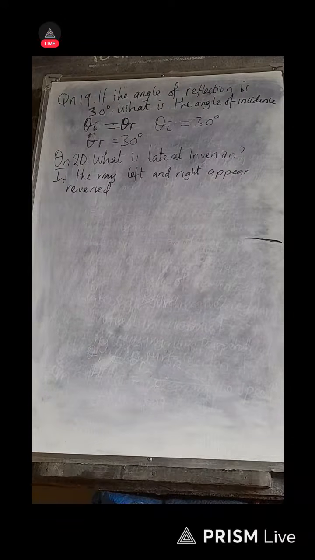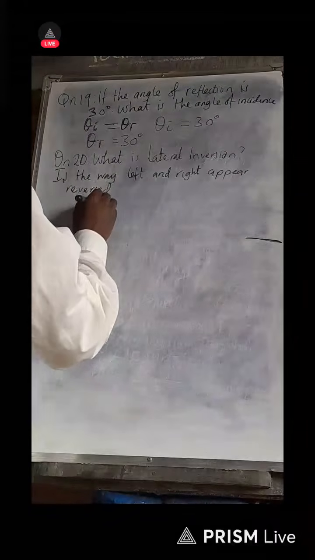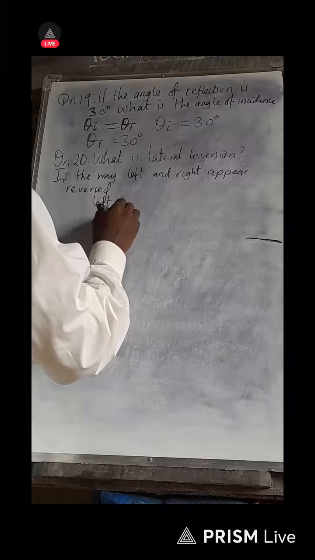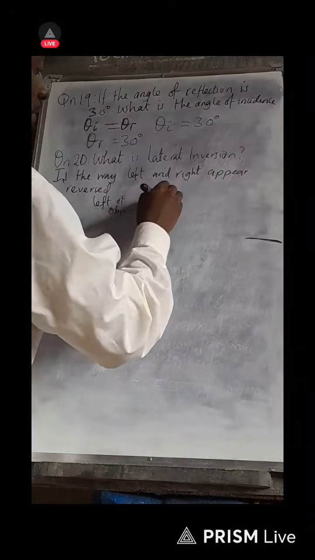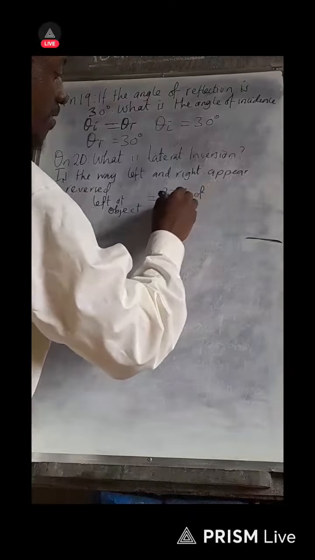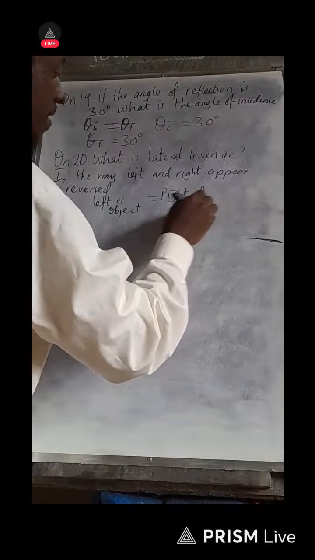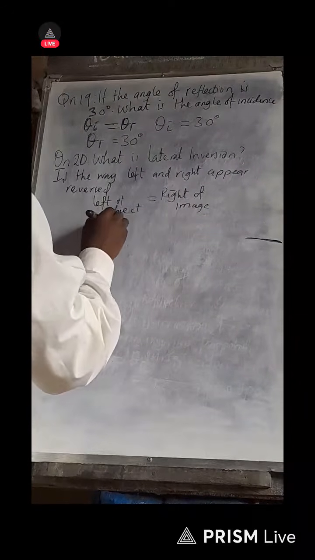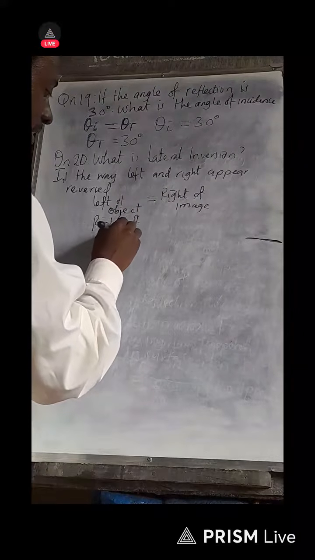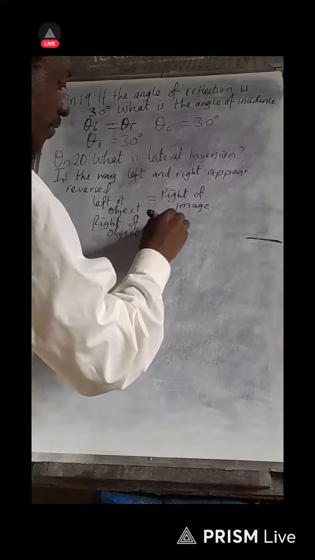This means that the left of the object is the right of the image, and the right of the object is the left of the image.